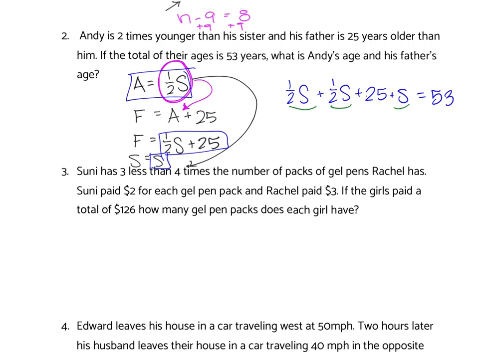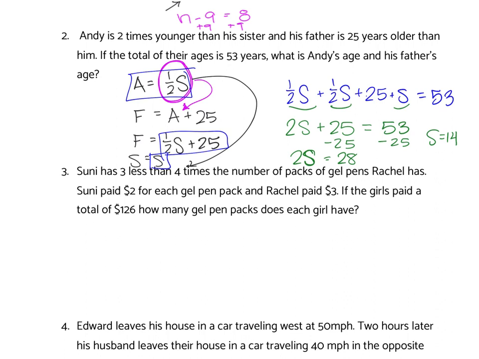I have half S plus S is going to be 2S plus 25 equals 53. Then I'm going to subtract 25 from both sides, and I get 2S equals 28. Oops. And then if I divide both sides by 2, I get S equals 14.